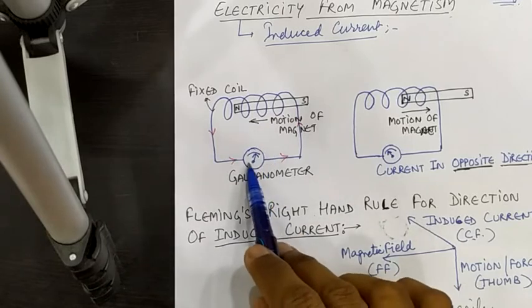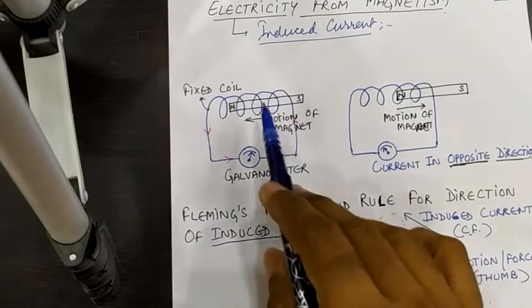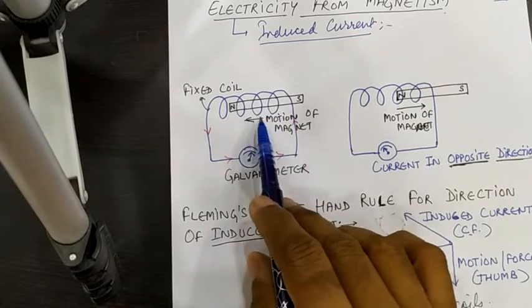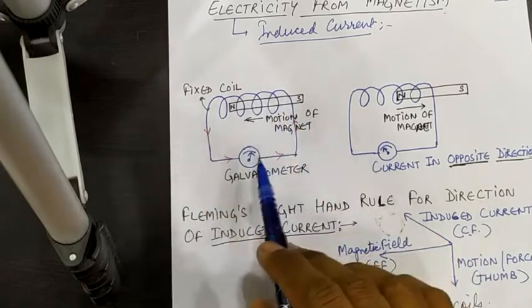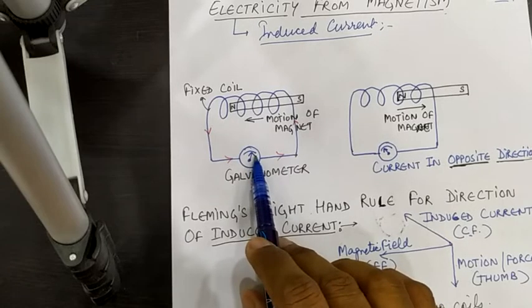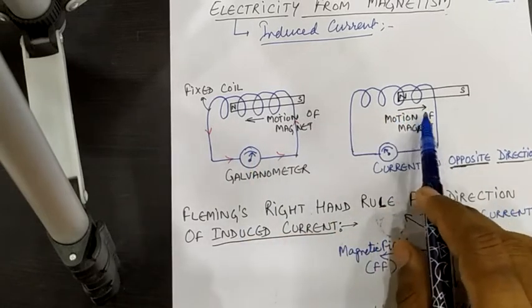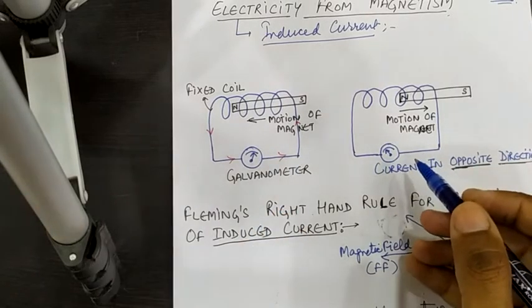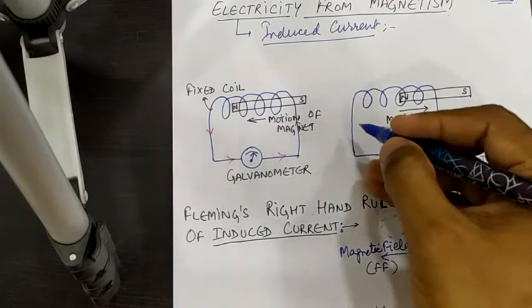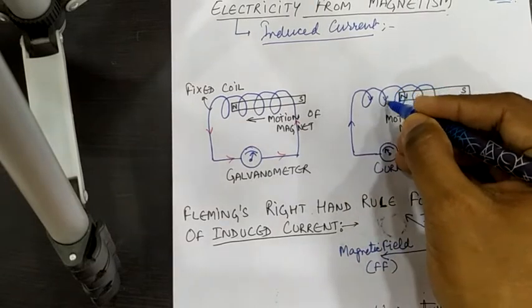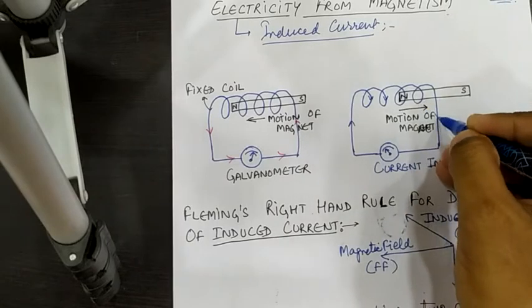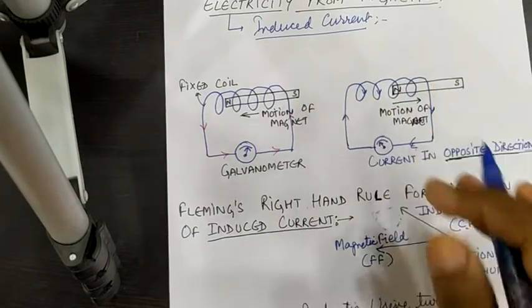As you can see the deflection in the galvanometer, if the motion of the magnet is in this direction, then you can see the deflection in this way, and if you reverse the direction, then you can see the deflection in the other way.